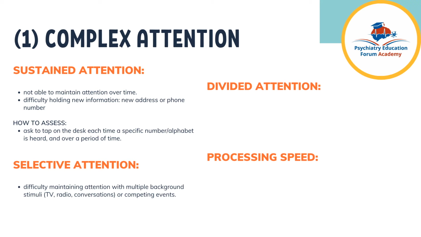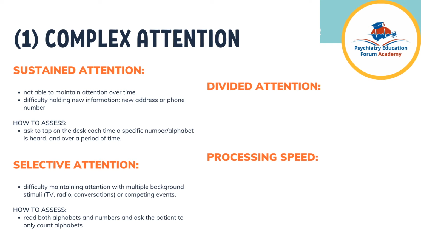And how can you assess that? So here is an interesting example. You can read both alphabets and numbers and ask your patient to only count the alphabets. That way they can tell you the results in the end. And when you do that, it can also check sustained attention, I assume, because if you're doing it for a good time, you need sustained attention for that also.